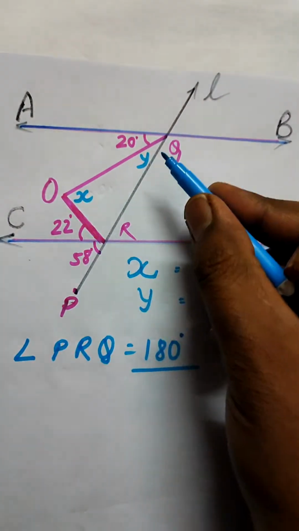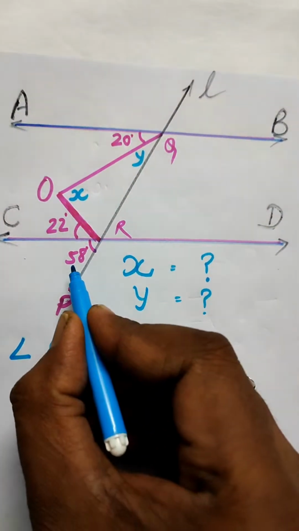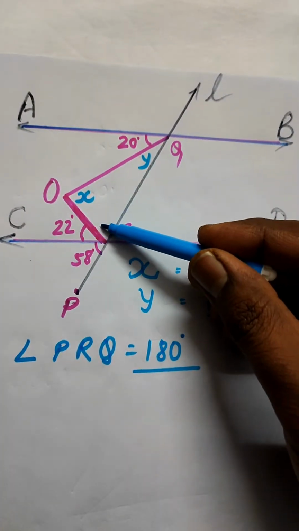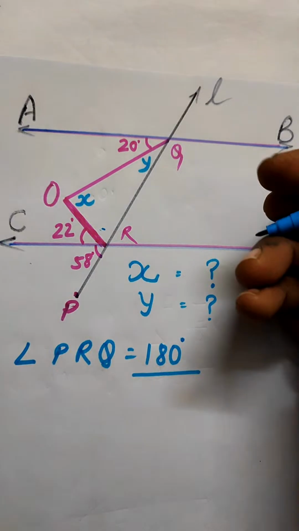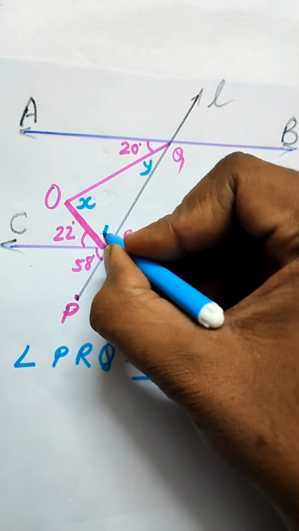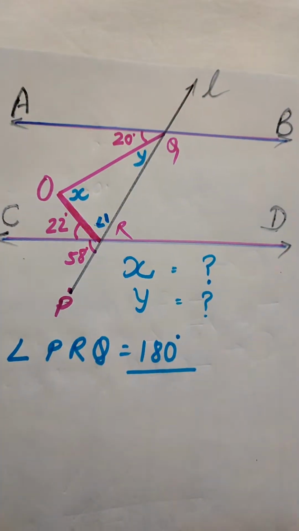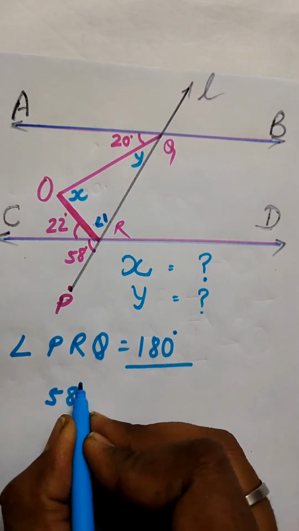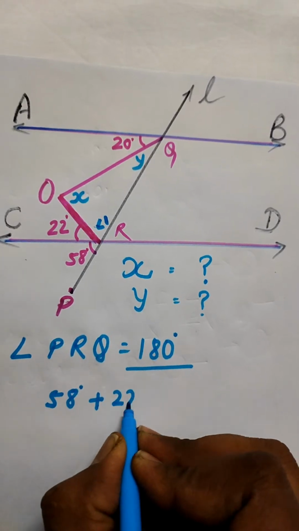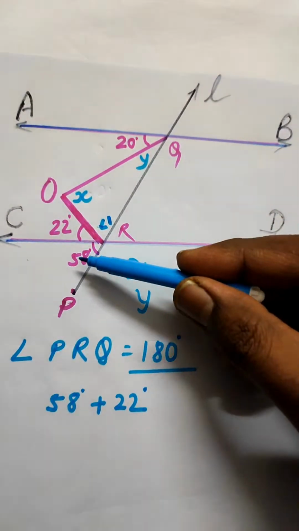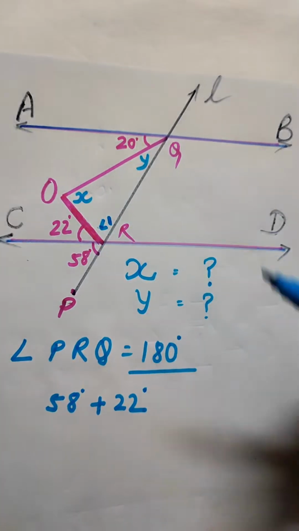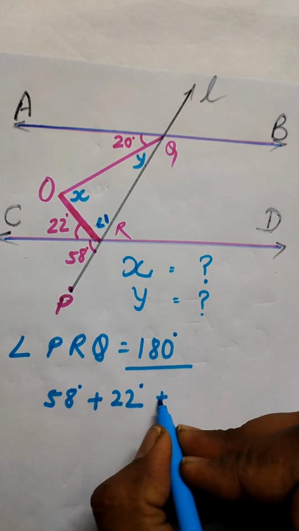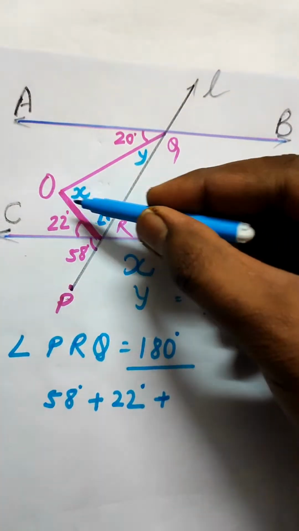Angle PRQ is 180 degrees which consists of three angles: this angle 58, 22 and this angle, right? So let us name it as angle 1. So we can write that 58 degrees plus 22 degrees, and angle 1, which is the name we have given to angle ORQ.